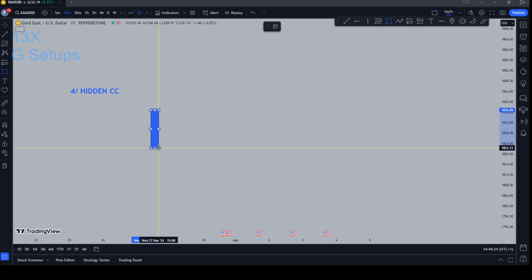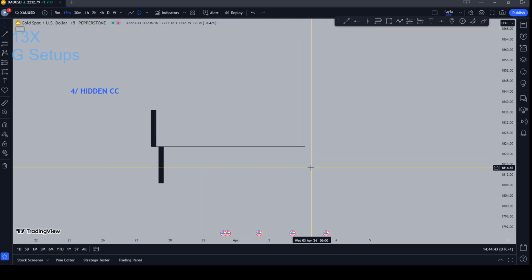Imagine we have a bearish gap on X time frame, a gap on X time frame.